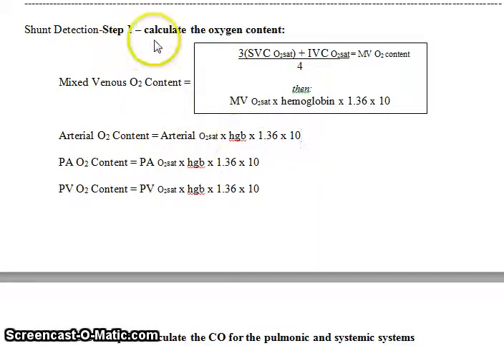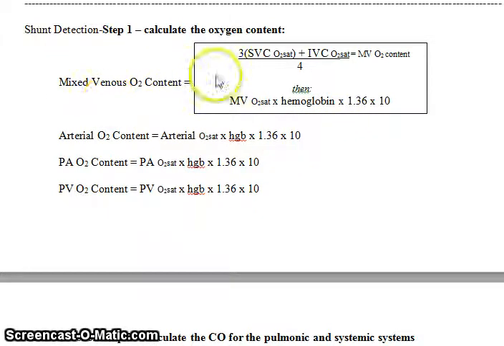The first step for shunt detection is to calculate the oxygen content. And again, these are formulas we already know. You have the saturation times the hemoglobin times the 1.36, which is the constant, times the 10, that gives you the correct units.